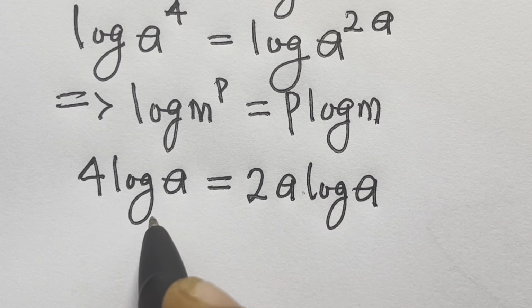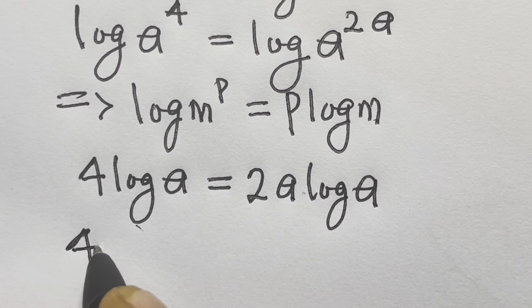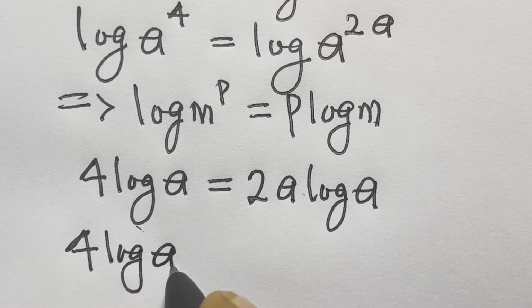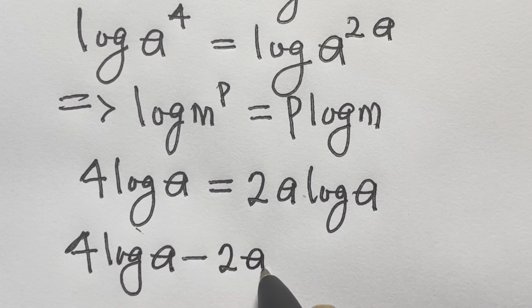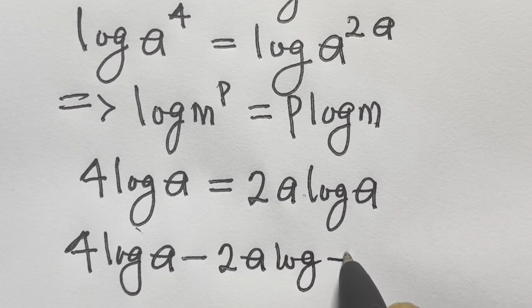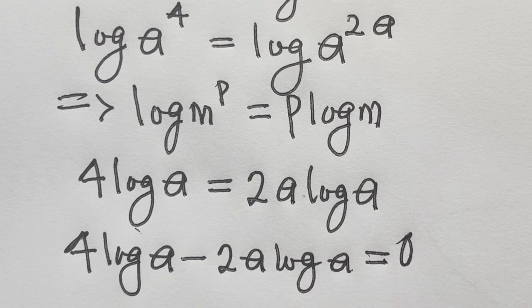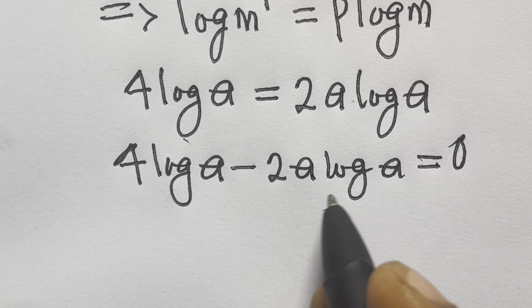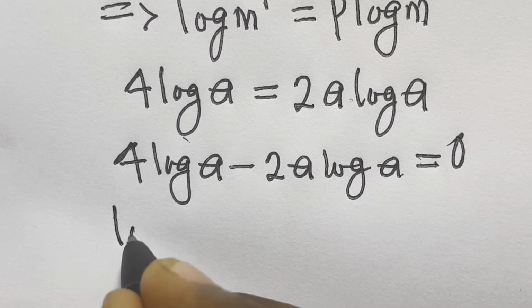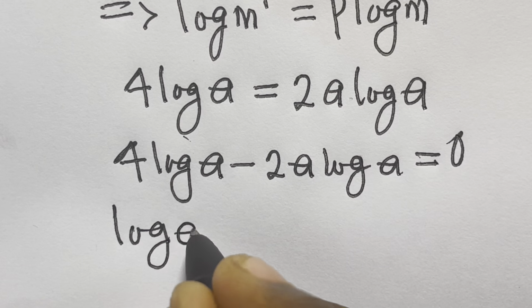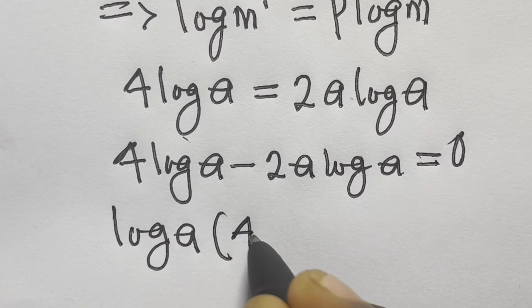So we can transfer this to the other side. So we have 4 log a minus 2a log a equals 0. So since log a is common, we can factorize it out. So we have log a. So what will be left here? We have 4, and what will be left here?